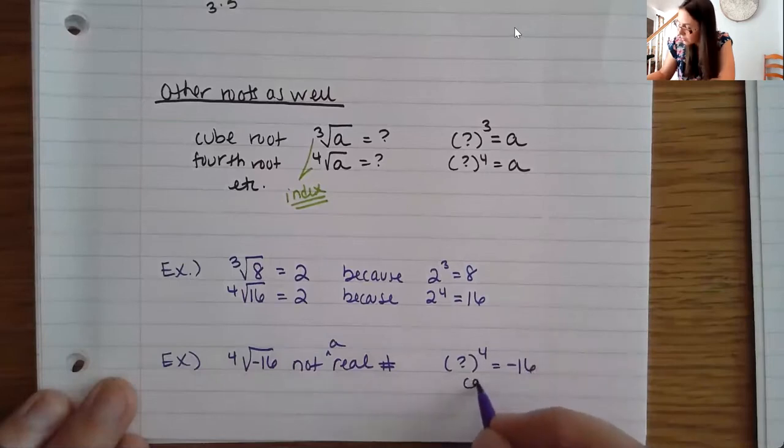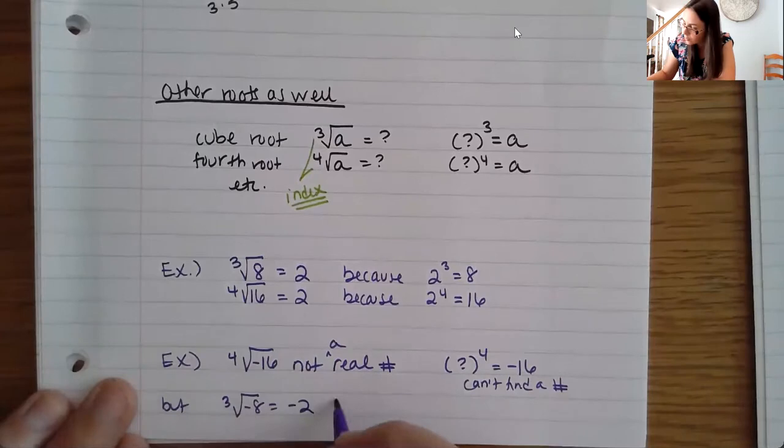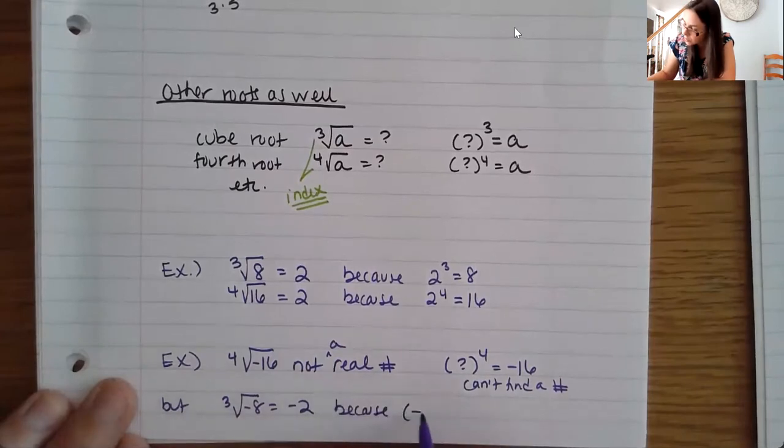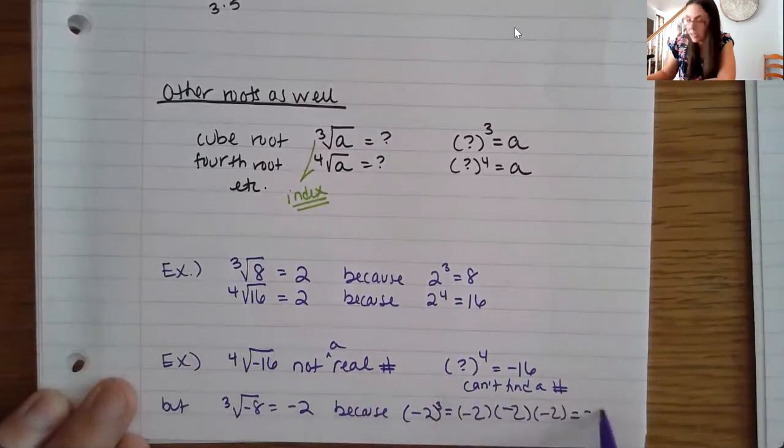So we can't find a number. But the cube root of negative 8 is actually negative 2 because negative 2 to the third power is negative 2 times negative 2 times negative 2, which is negative 8.